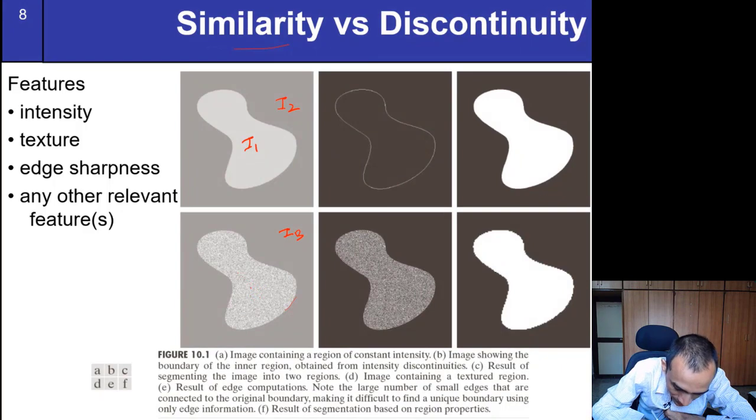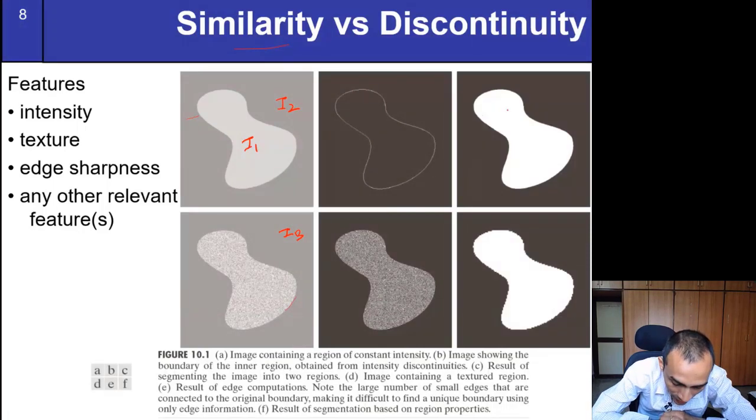There is some randomness here, so you cannot use similarity based on intensity, and you probably cannot do edge detection here either, because you will get edge responses at all the places. Whereas in the first image, edge detection was much easier. You will get a very clean edge like this, and once you get an edge like this, regions inside this edge will belong to one region, and the region outside will belong to another region.